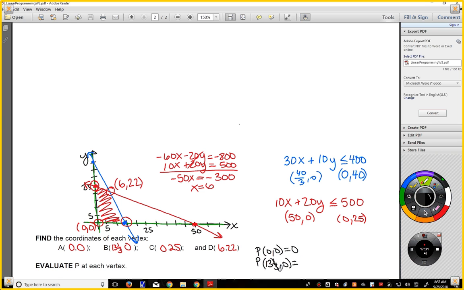So that side of the room, can you guys find the profit for 13 cases of candy bars with no popcorn jars? Center of the room, okay? Can you guys please find the profit for no cases of Hershey bars and 25 cases of popcorn jars? And this side of the room, far side of the room, can you guys find the profit if you order 6 cases of chocolate bars and 22 cases of popcorn jars?